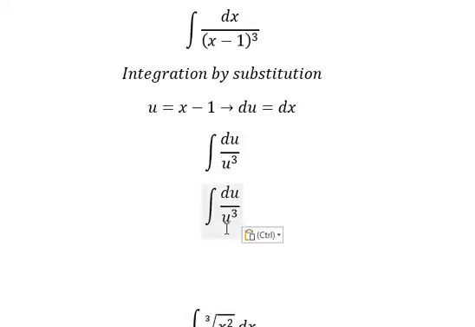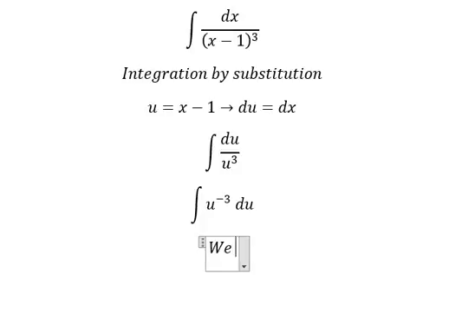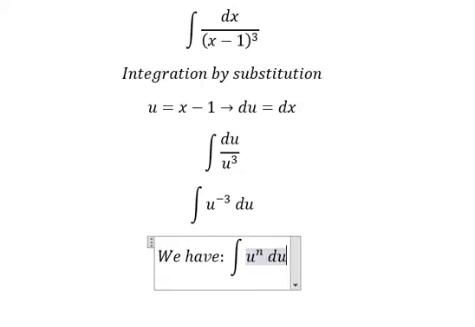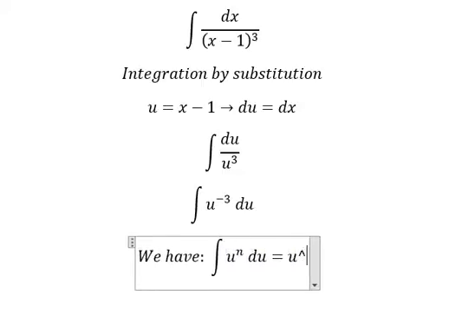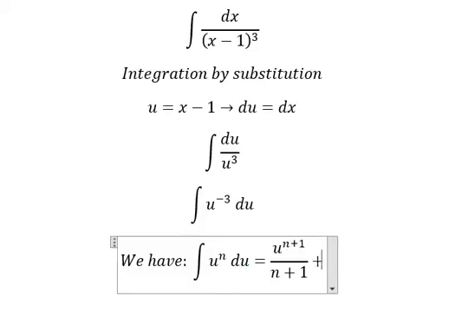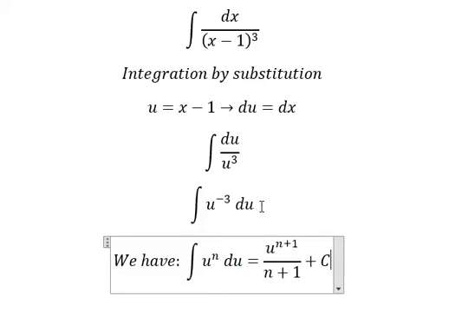Next, if we want to put this one on the numerator, we need a negative sign on the power. Next, we have the formula here. The integration of u to the power of n du is u to the power of n plus 1 over n plus 1, plus c.